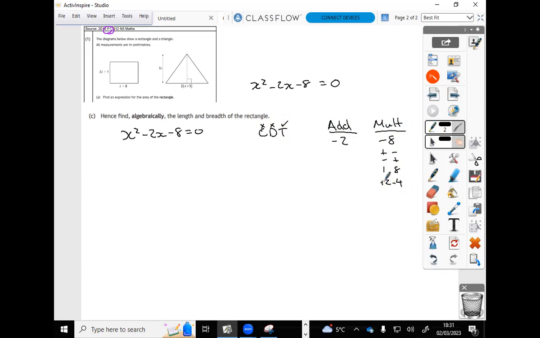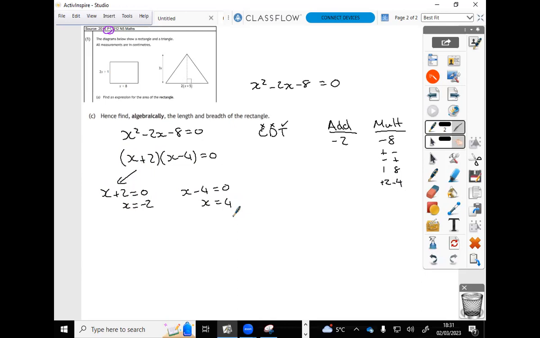So plus 2, minus 4. x plus 2, x minus 4. So my factors then: x plus 2 equals 0, so x could be negative 2, or x could be 4. Okay, so two possible solutions.